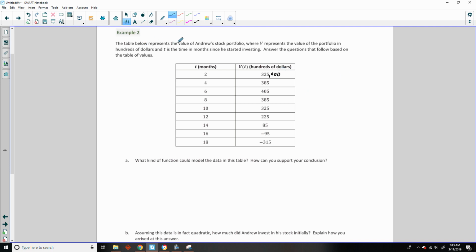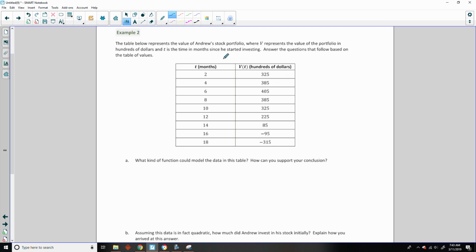And T is the time in months since he started investing. So 2 months after he started investing, we weren't told how much he started with, but he's at $325,000. Then after 4 months, he's at 385. So he's made $60,000 in 2 months, which isn't too bad. Okay, and it continues on.